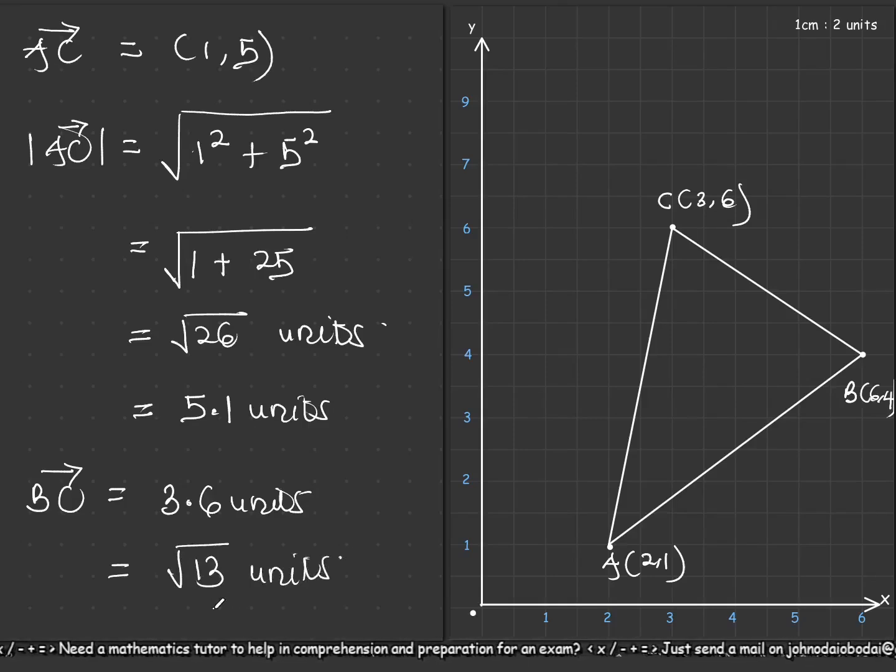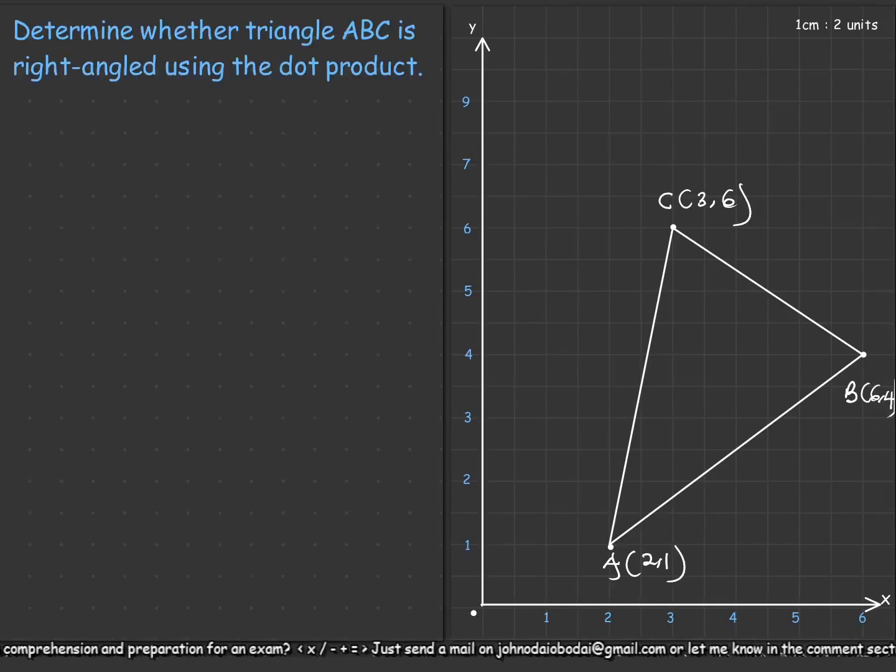All right. So you see, we've been able to apply the magnitude method to find the sides of this triangle over here. There is one last concept we can also apply in triangles, and that is the dot product. So let's look at this question here. If you have to determine if triangle ABC is a right angle triangle, we know what a right angle triangle is.